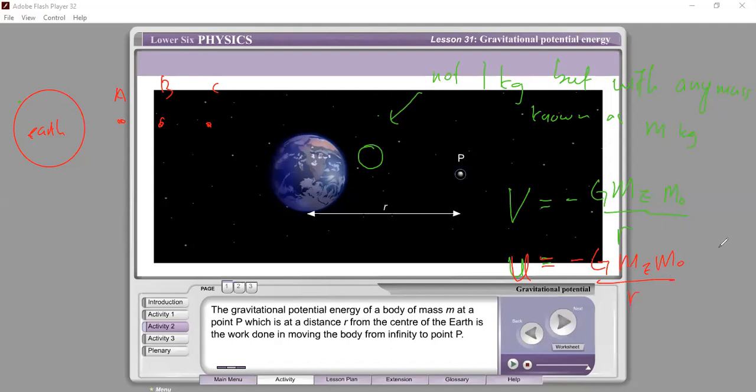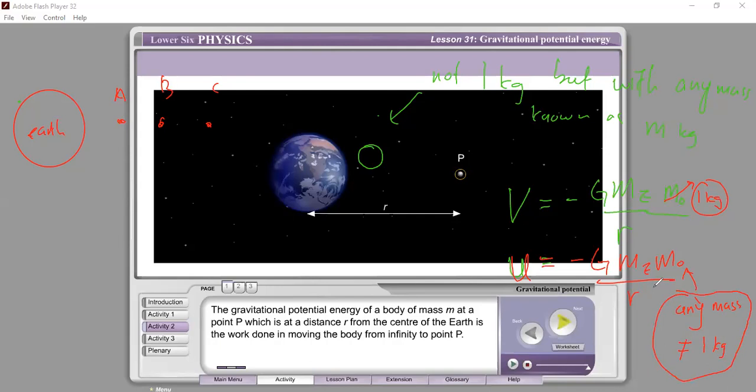What is the difference? This m object, this one is 1 kg. This one is any mass, which is not equal to 1 kg.